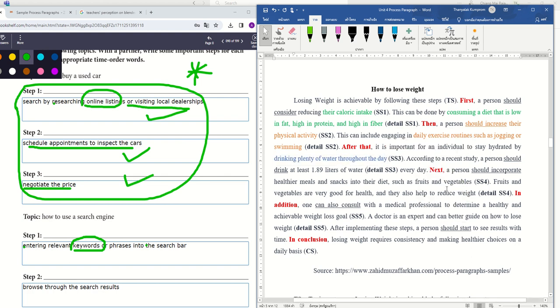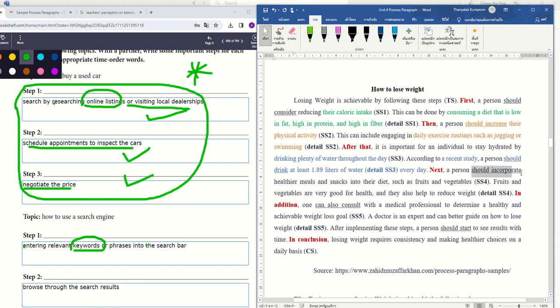According to a recent study, so you can refer to the study, a person should drink at least 1.89 liters of water every day. See? Related again: drinking plenty of water, and according to the research, should drink at least 1.89 liters.